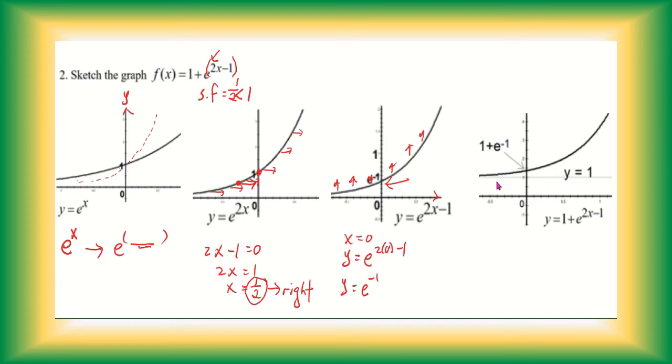So now the horizontal asymptote is no more hidden behind the x-axis, and we need to label it using a dotted line with y equals 1, because we shifted the whole curve 1 unit upwards. After this, that is the curve.